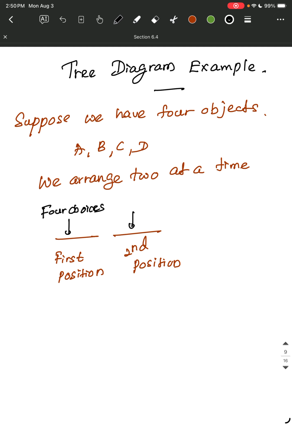Three choices. Therefore, 4 times 3, 12.